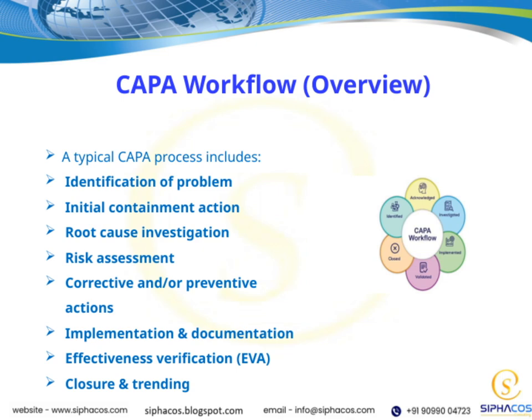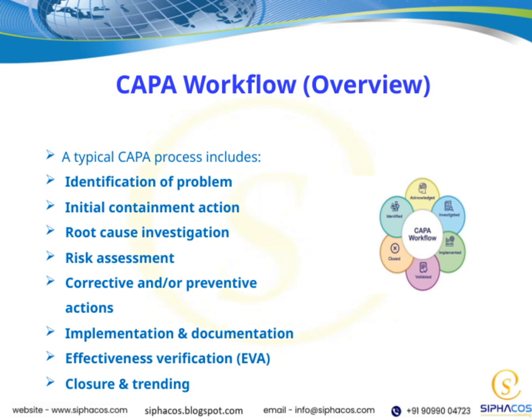Then, we implement corrective and/or preventive actions to address the root cause and prevent recurrence. It's essential to document every step of this process thoroughly to maintain traceability and accountability. After implementation, we verify the effectiveness of these actions, often through an evaluation of the effectiveness, or EVA, to ensure that the issue has truly been resolved and won't happen again.